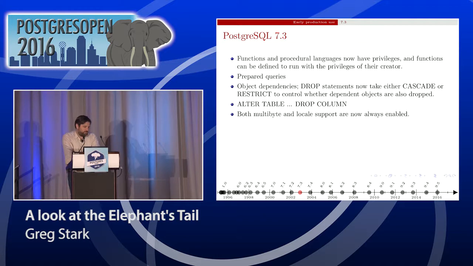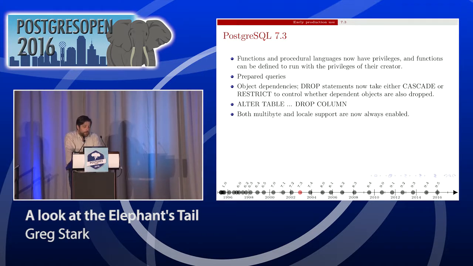But all of these version 7 era releases, the features are clearly driven by operational problems that people had as they tried to use Postgres in a live, mission-critical website of their business.